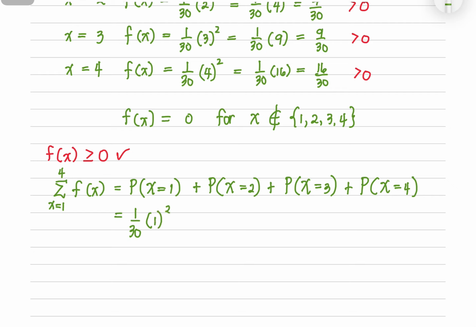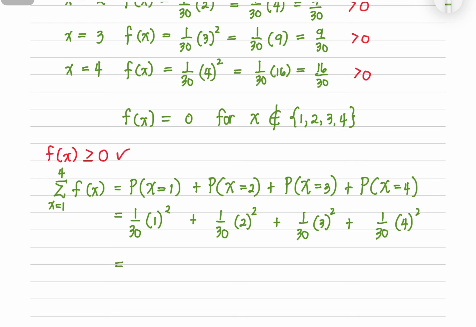So, it will become 1 squared plus 1 over 30 times 2 squared plus 1 over 30 times 3 squared plus 1 over 30 times 4 squared.